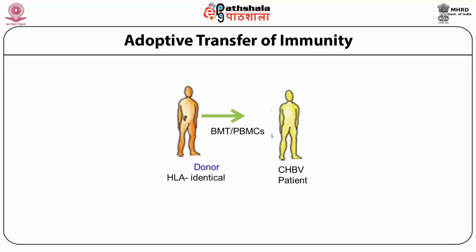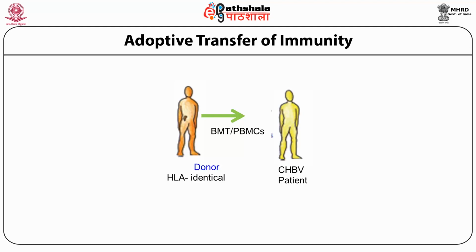There is the adoptive transfer of cellular therapy, which is called adoptive transfer of immunity. This adoptive transfer of cell therapy uses cells from the bone marrow or the total isolation of peripheral blood mononuclear cells. I will give you one example.